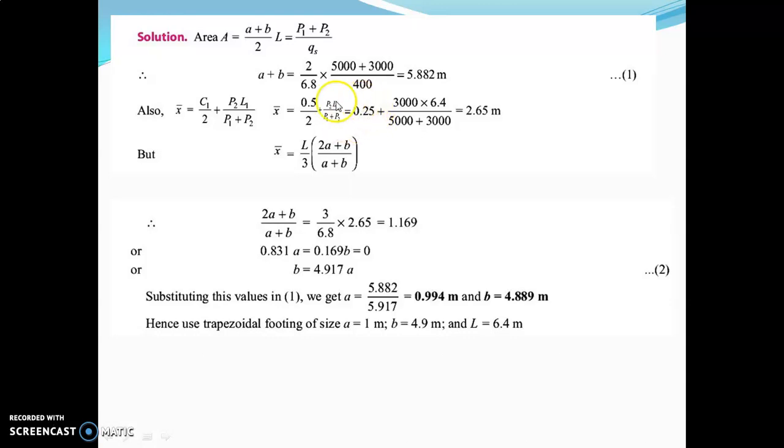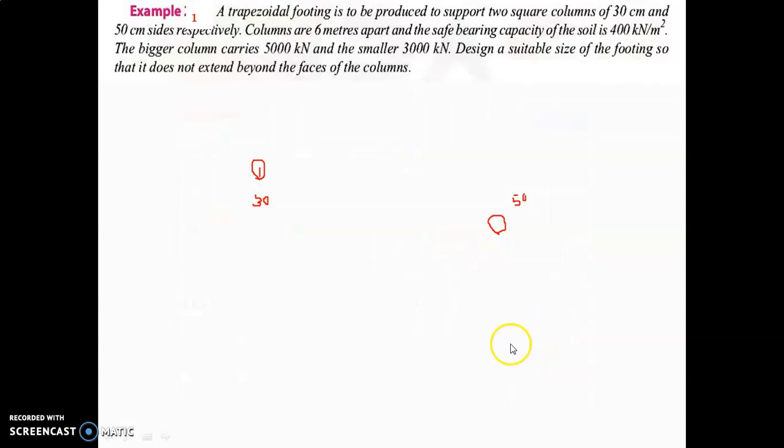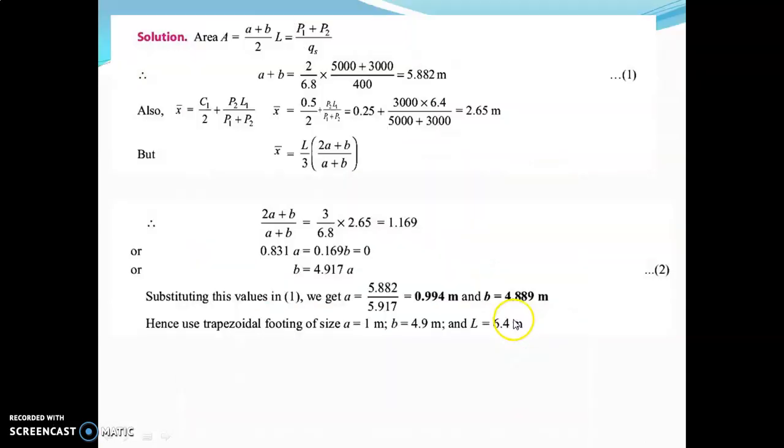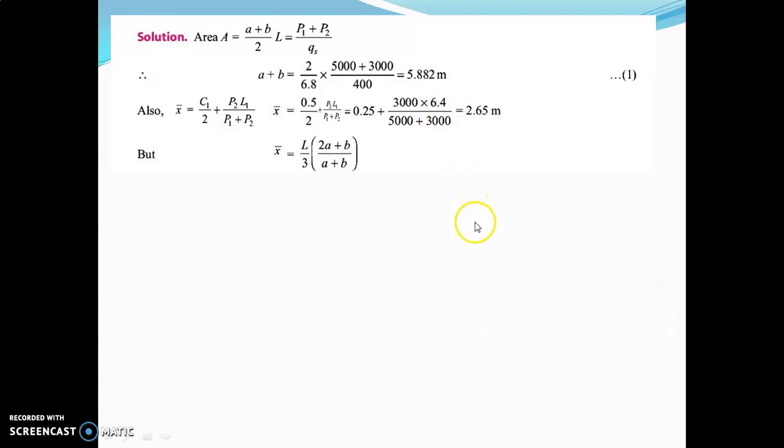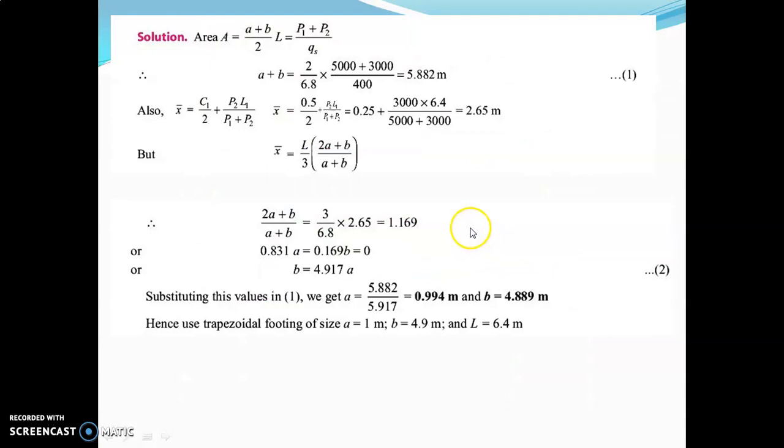So here this 0.5 divided by 2 is 0.25 plus P2, that is 3000, into L1. L1 is 6.4, divided by 5000 plus 3000, equal to 2.65.